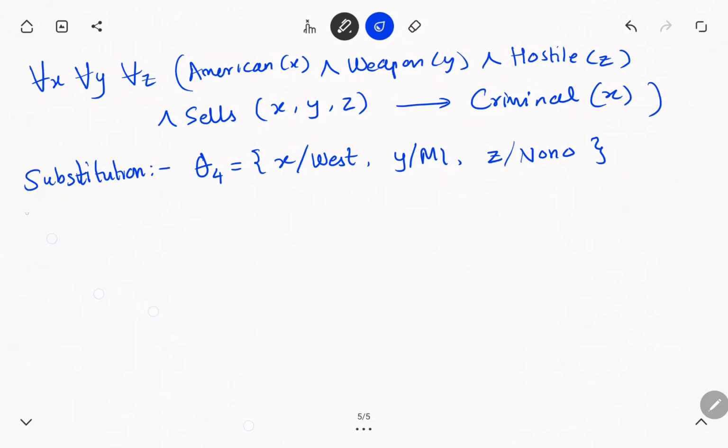So with this substitution, what we have on the left hand side is, and of course we are using universal instantiation as well because it's true for all x, so it should be true for specific values of x, y and z as well.